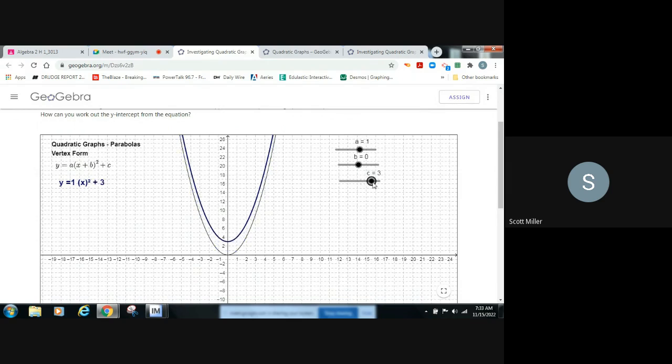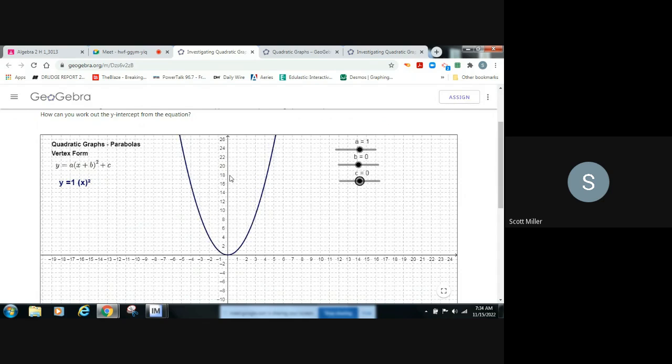So the C value is moving this graph up and down. Look at the equation over here. Whatever C is, whatever that number is, you'll see it here. And if it's minus, it'll have a minus sign at the end. And that means move the graph downward. Okay. And then positive is upward. Okay. So there's that one.